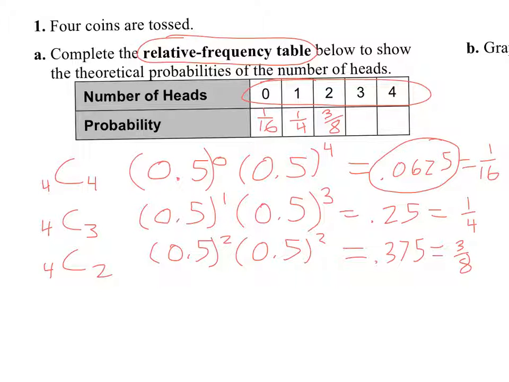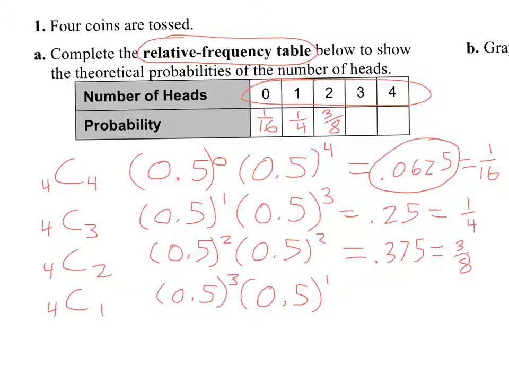Next thing we want to calculate is the probability of getting heads 3 times. So the probability of heads is 0.5. We want 3 of those. The probability of tails is 0.5. We want 1 of those. To account for the different places that the 3 heads can be, we do 4C1 or 4C3.